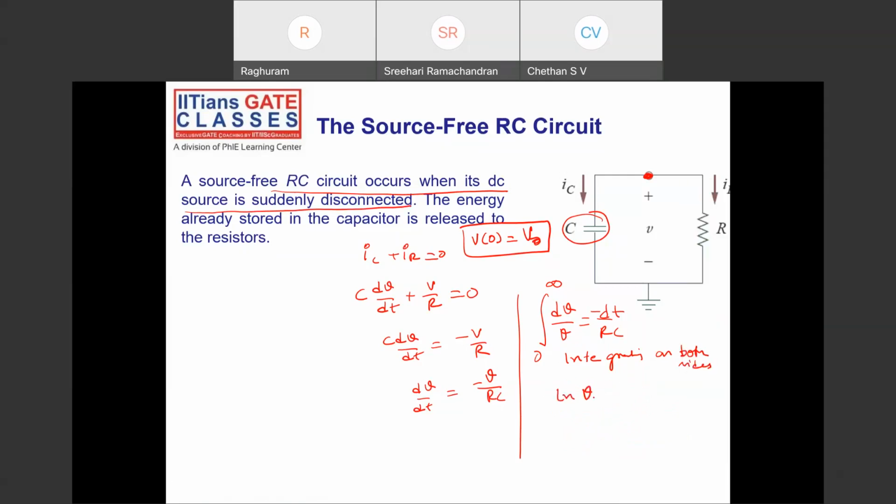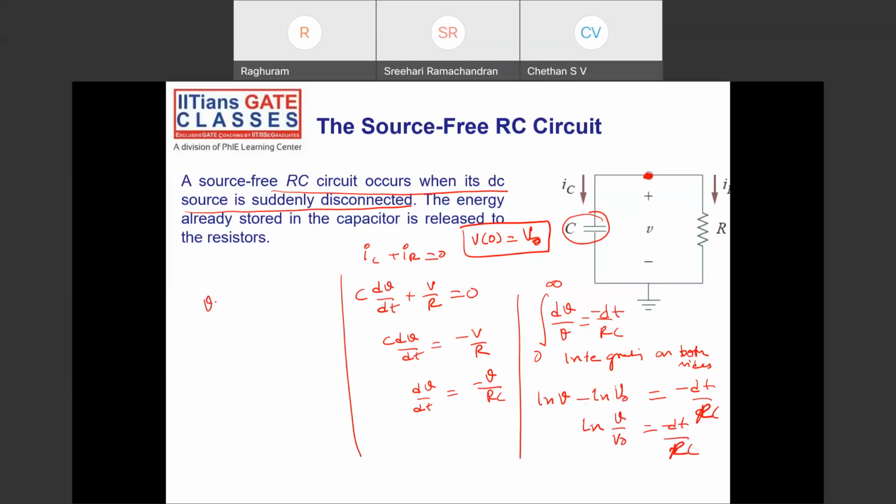ln V minus ln V naught is equal to minus dt by RC, so ln of V by V naught is equal to minus t by RC.